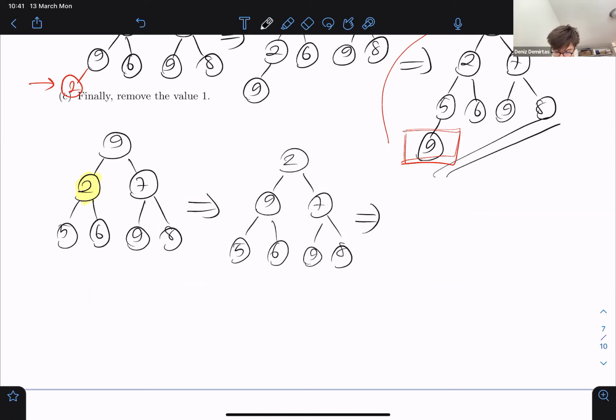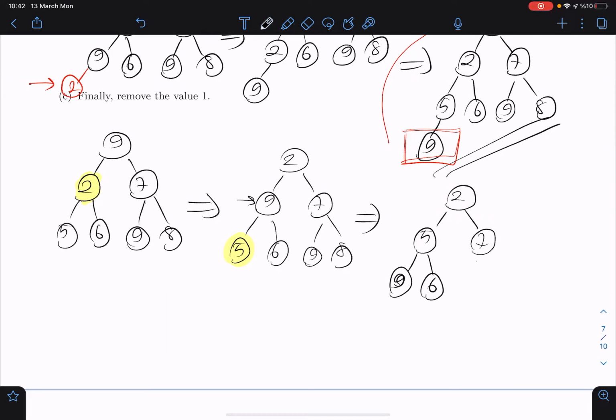And what I mean by that is that although we just demoted 9 from the root to a lower level, 9 is still greater than both of its children. So it requires an additional demotion operation. Again, we apply the same procedure: find the smallest child, since we're dealing with min heaps, which is 5, and swap their places. 9, 6, 9, 8.